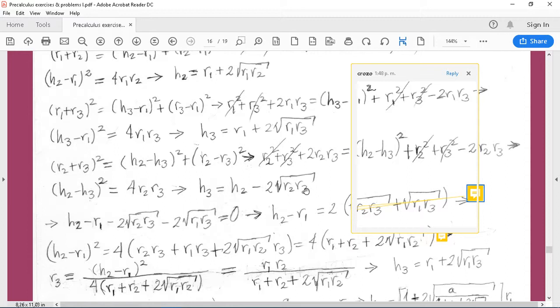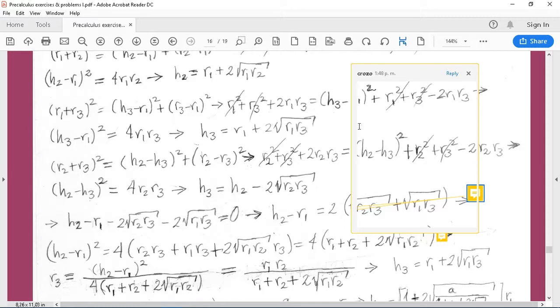This is equal to R1 plus 2 times the square root of R1R3. That means that the R1 and this R1 cancel out, and I'm left with 2 times the square root of R1R2 minus 2 times the square root of R2R3 equals 2 times the square root of R1R3.